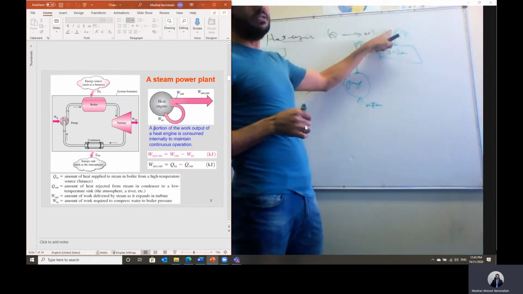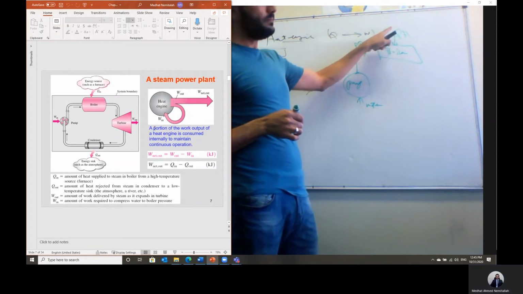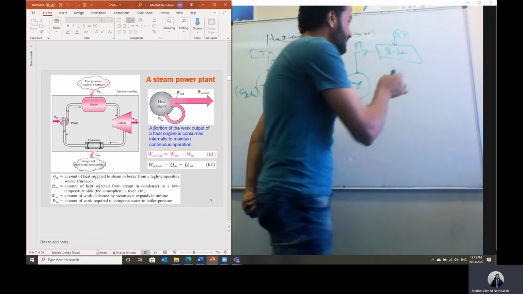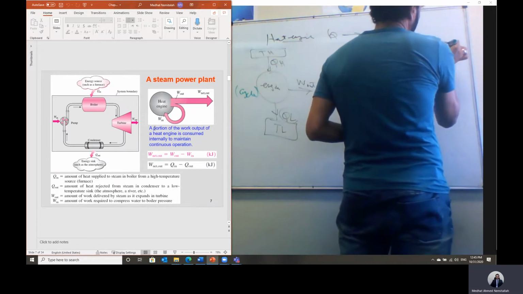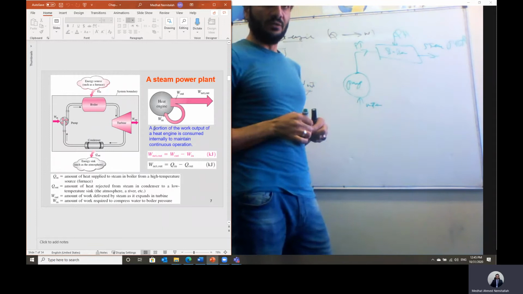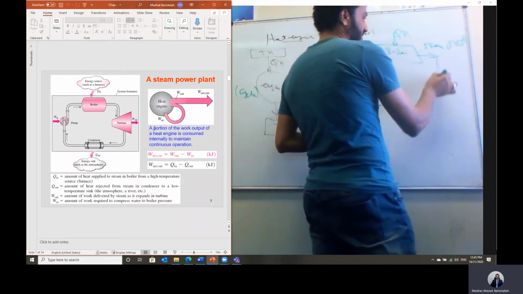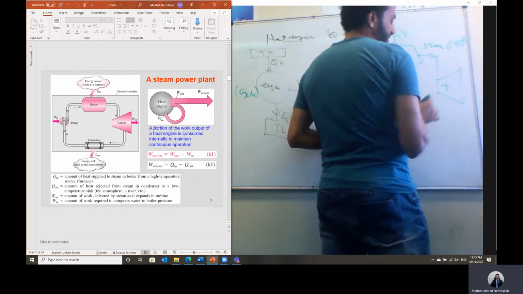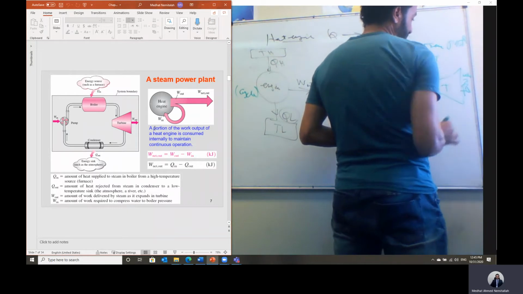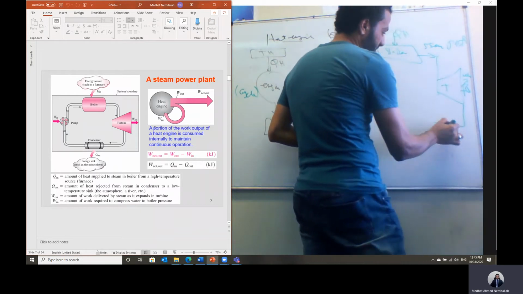Then we take this heat to be added to the water inside the boiler. Then this water will be converted to steam under high pressure and high temperature. Then we take this steam to expand inside the turbine, and we can generate shaft power from this turbine.